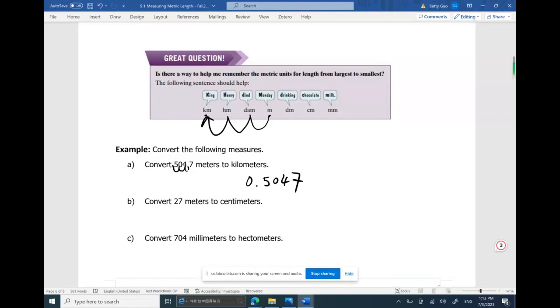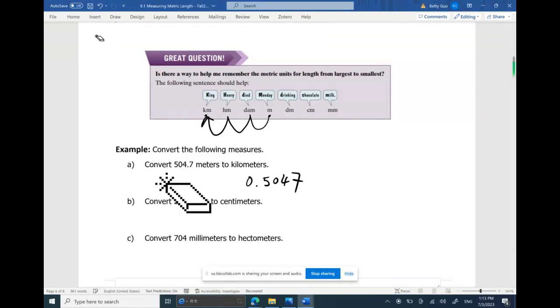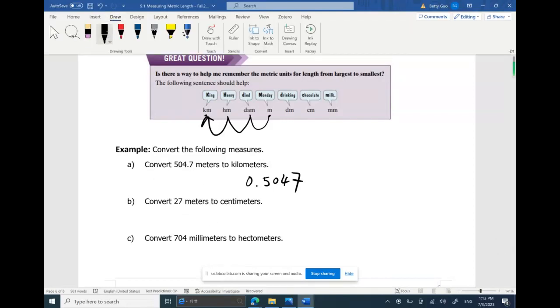From meter to kilometer, we go 3 times to the left, so we simply move the decimal point in the number of meters to the left 3 times as well. Because a kilometer is a bigger unit, we want a smaller number in front of it. How much smaller? 1,000 times smaller.